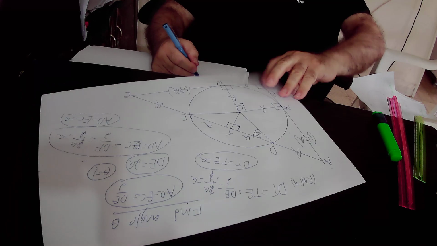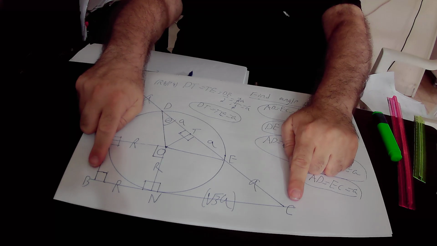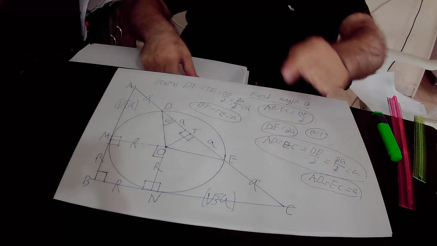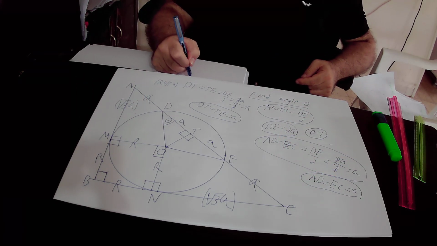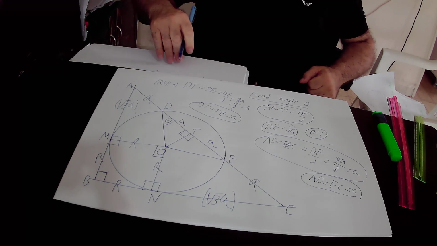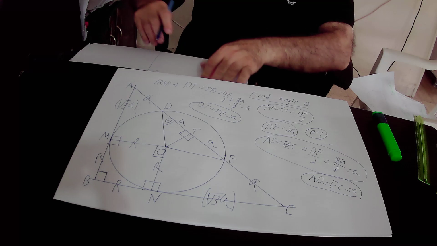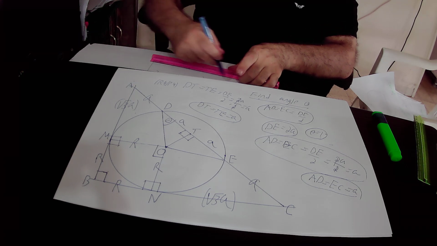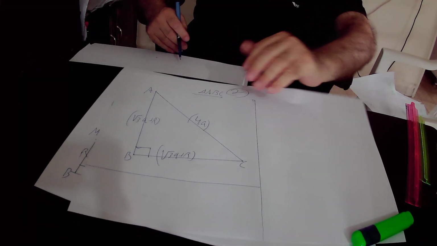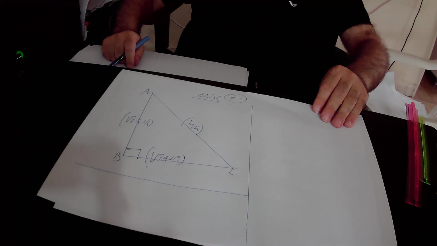What is the length of side BC of the right triangle ABC? It is very easy to see from the drawing that BC is also equal to the square root of 3 times A plus R. This is the right triangle, triangle ABC, that I copied from the original drawing.